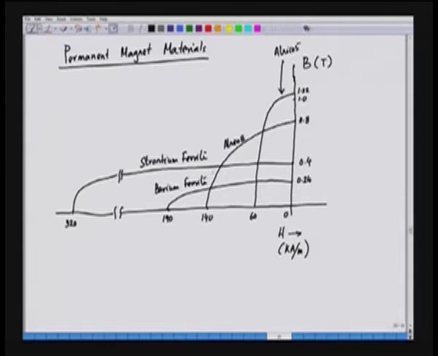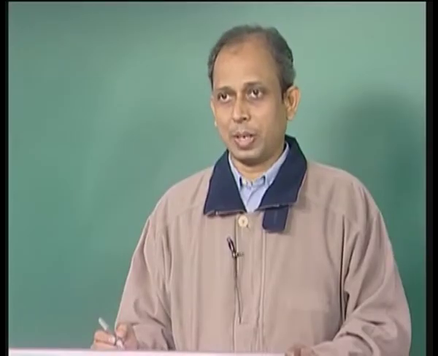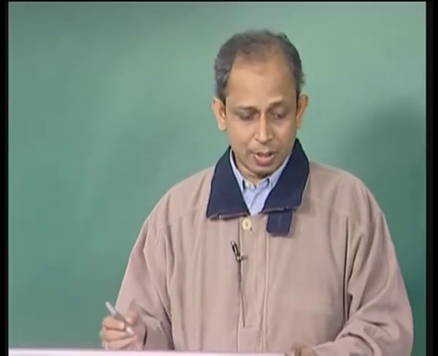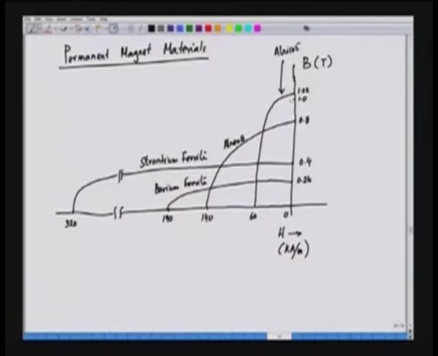Okay. And then we have another class of permanent magnet material called rare earth permanent magnet material, something like samarium cobalt. So, this is the BH curve for samarium cobalt. This goes like this.